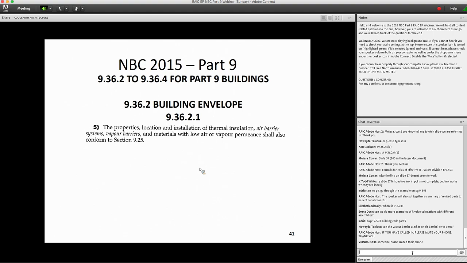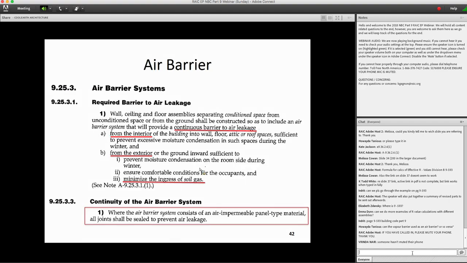But we're going to be going back and forth, and this is where we see that in the energy efficiency section, you actually have to comply with 9.25, which is outside of it. So the properties, location, and installation of thermal insulation, air barrier systems, vapor barriers, and materials with low air or vapor permeance shall also conform to section 9.25. So let's go to that section.